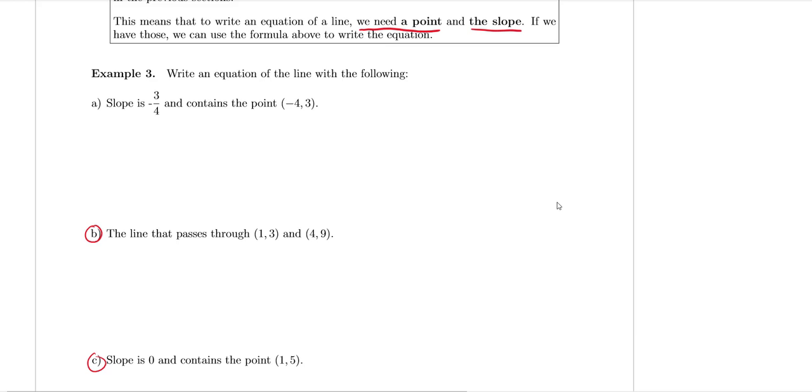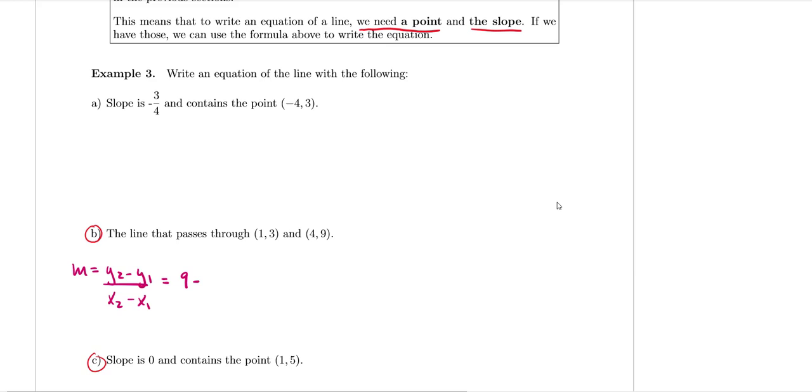Okay, so this particular example is a little bit different because we are given 2 points instead of 1, but we're not given the slope. So the first thing to do is to find the slope with the formula we just saw. The slope is equal to the difference in the y's over the difference in the x's. So we'll get y2 minus y1 over x2 minus x1.